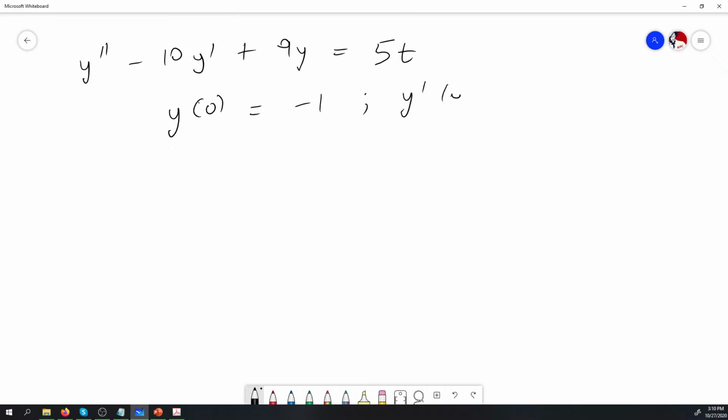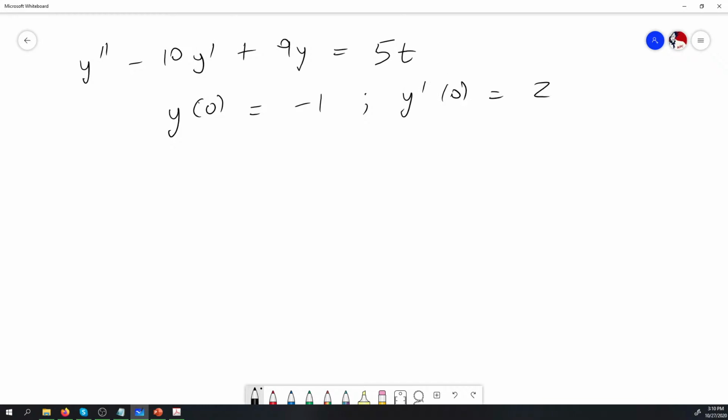Alright, so let's say we're given the following differential equation: y double prime minus 10y prime plus 9y is equal to 5t, given initial conditions where y of 0 is equal to minus 1 and y prime of 0 is equal to 2.